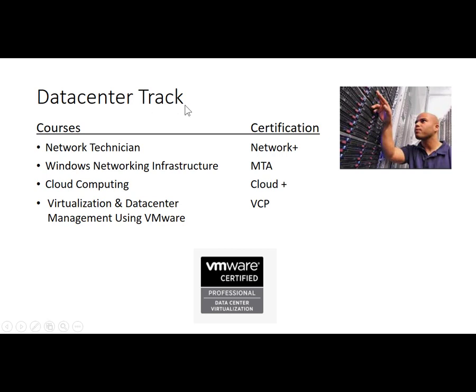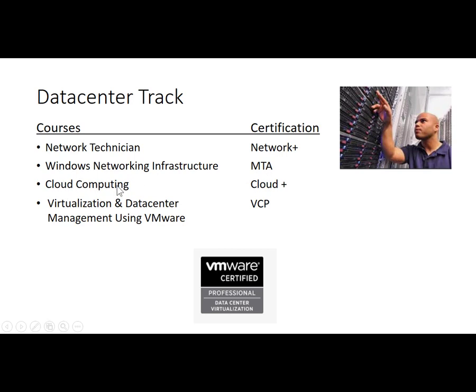For the data center track, so this is the guy who maintains the data center, there are four courses and they correspond to four certifications. The first course is the network technician course, which we call here DCOM 251, and that corresponds to the Network Plus certificate. The Windows Networking Infrastructure course corresponds to the Microsoft Technical Associate certificate.